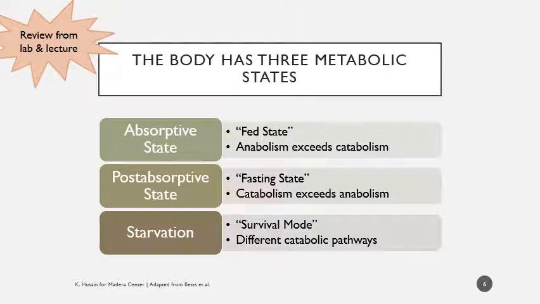Then when you get into starvation, that's really survival mode. Your goal is to just make sure you have enough glucose to power your brain. That's the bare minimum, and you have to start using really unique catabolic pathways that we don't often think about. So there are some differences in what's going on between post-absorptive fasting and post-absorptive starvation.